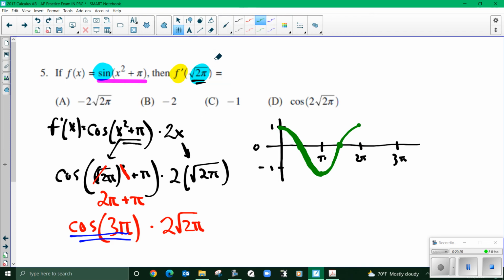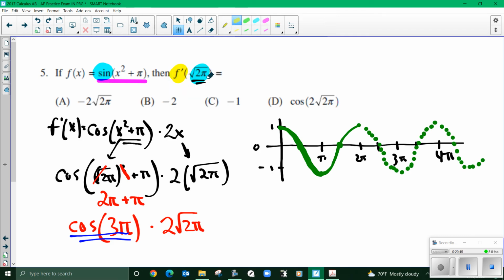I forgot. Shame on me. My tick mark's in between. Then here would be 4 pi. So now we'll continue by here, down to here, back up, down, and so forth. So now, follow me, 3 pi is way down here, which is -1. So this right here is equal to -1.